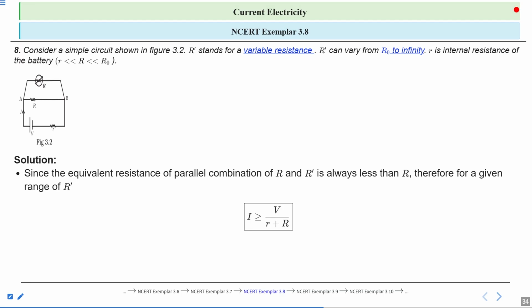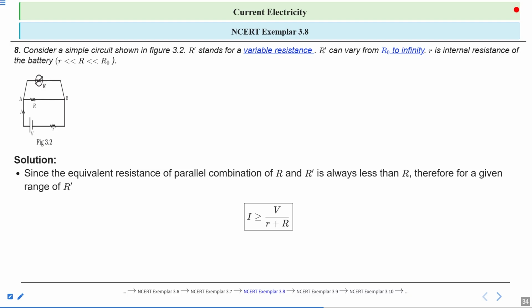Since the equivalent resistance of the parallel combination of R and R dash is always less than R, or equal to R if R dash becomes infinite, for a given range of R dash, R will always be greater than R equivalent.